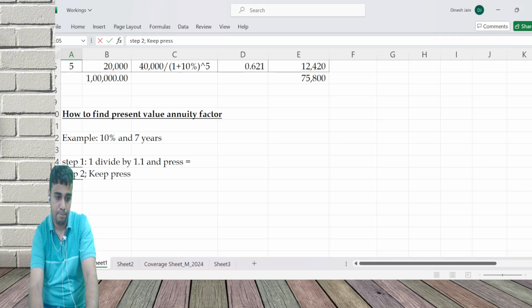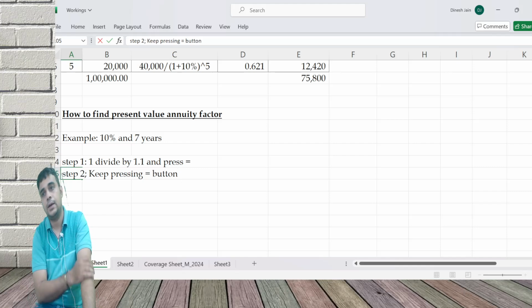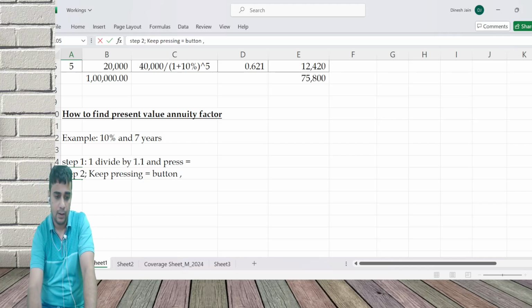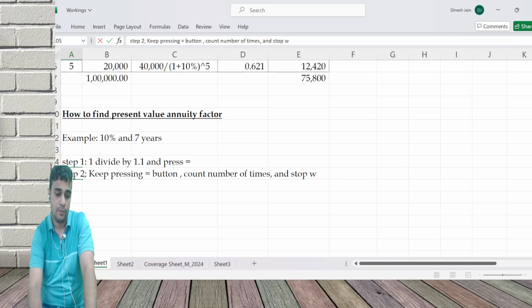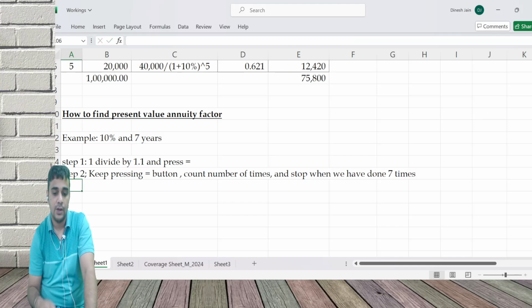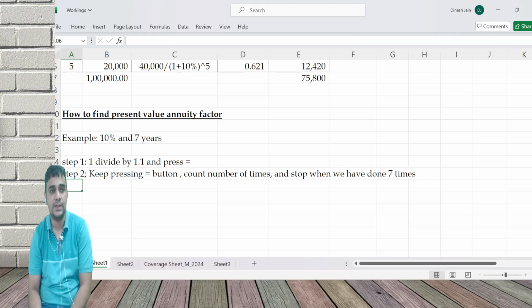keep pressing the equal button. Count the number of times, and stop when you have done 7 times. What is 7 times? It is 7 years.